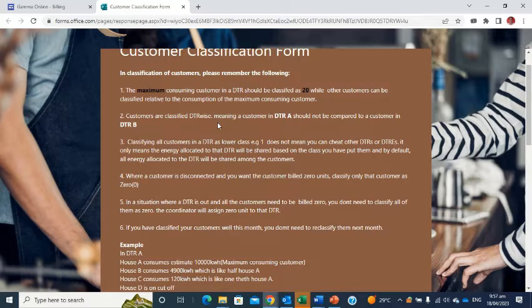So while the first customer is ranked 20, the second customer is ranked relative to the first customer, meaning the second customer is ranked 10. Then maybe there's another customer that consumes one third of what the maximum consuming customer is consuming. You just relate it. Do a little mathematics and say, okay, I'm going to give this customer probably 7. If it's consuming one third, it's about 7 or 6.